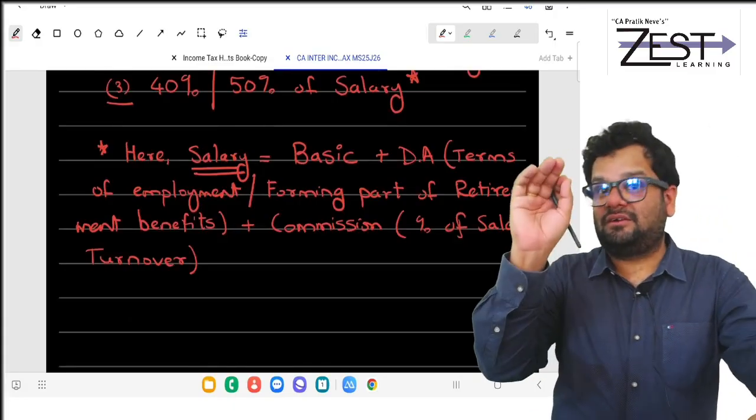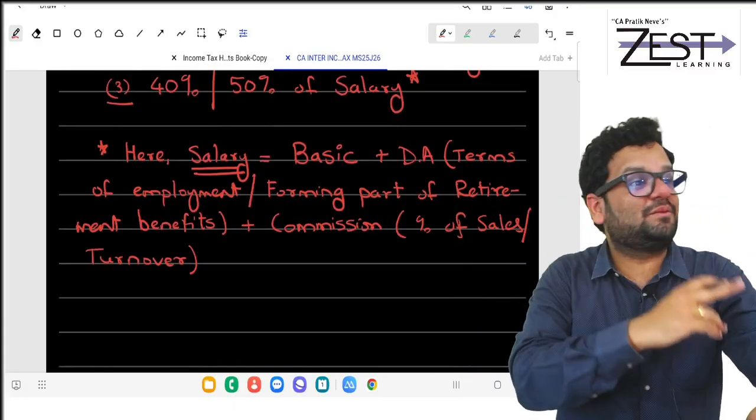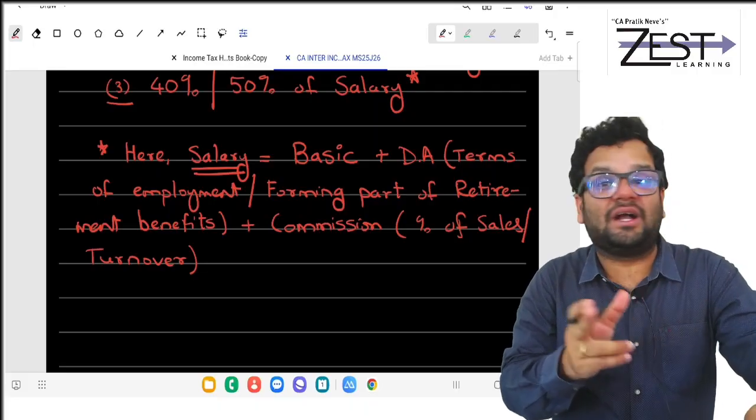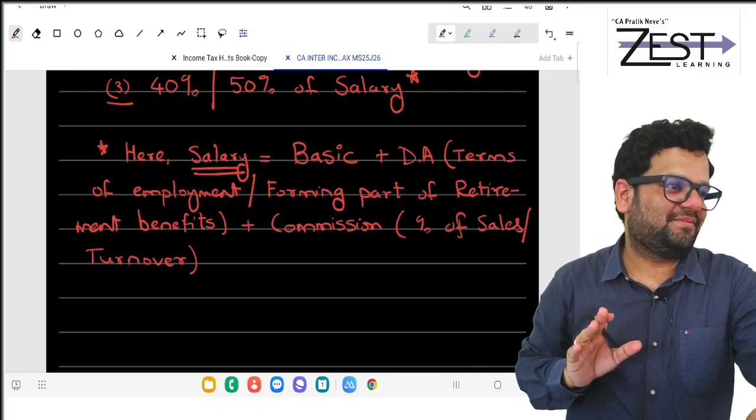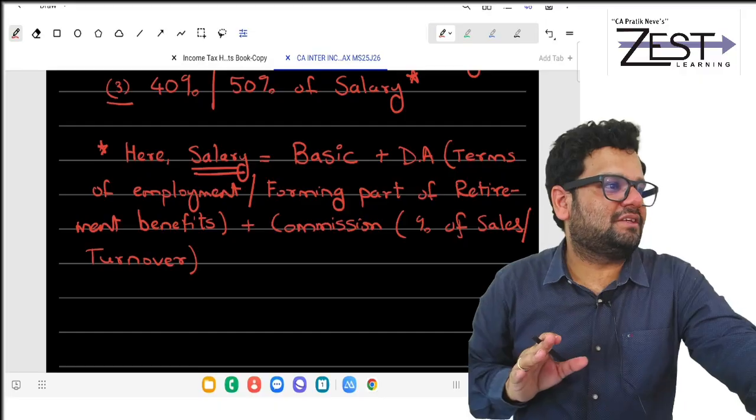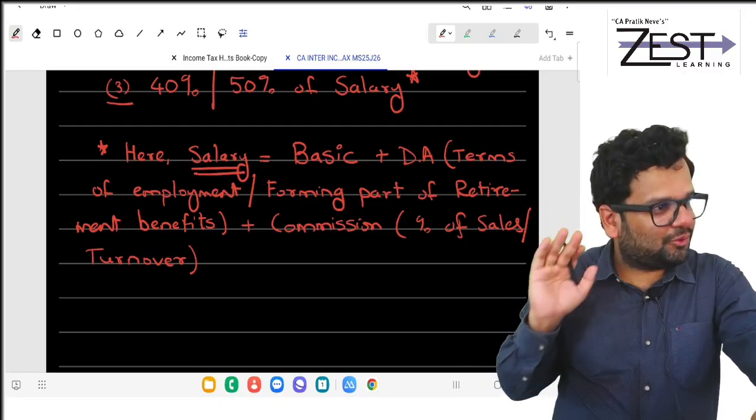But one thing you should understand is, this exemption you will get only if you are going out of 115BAC. If you are in 115BAC, already rates of tax are low for you.